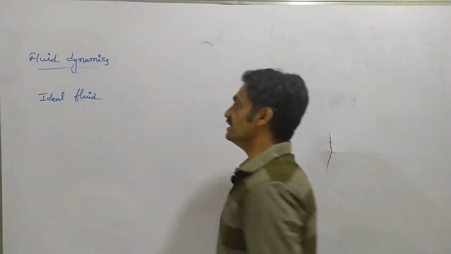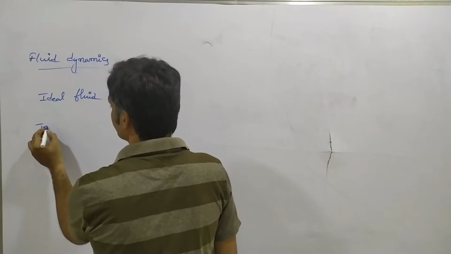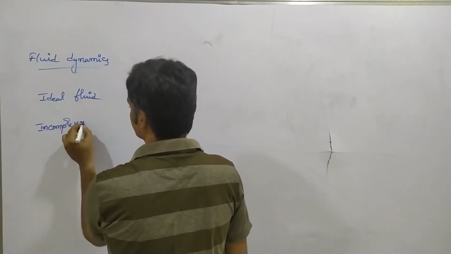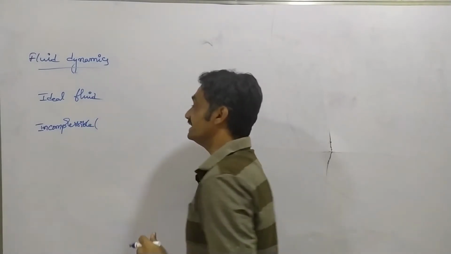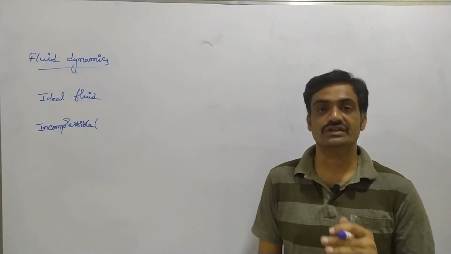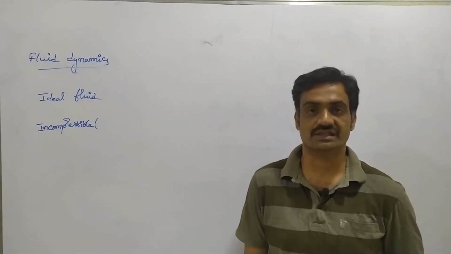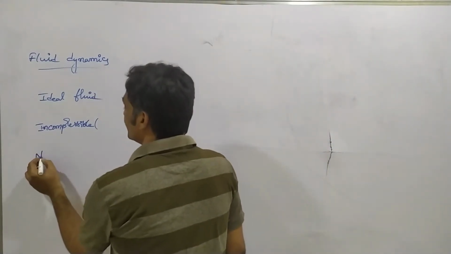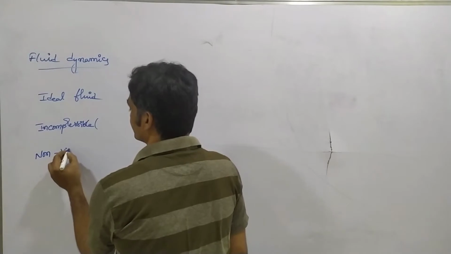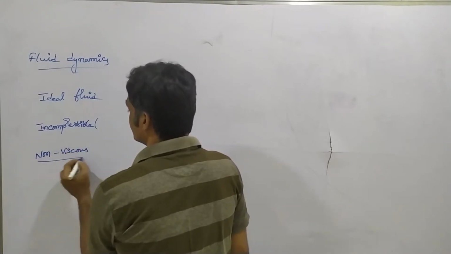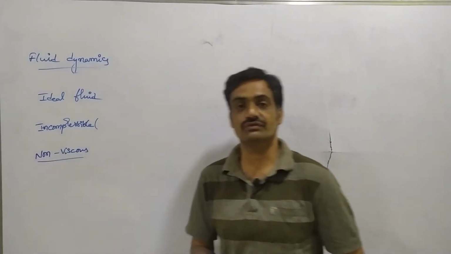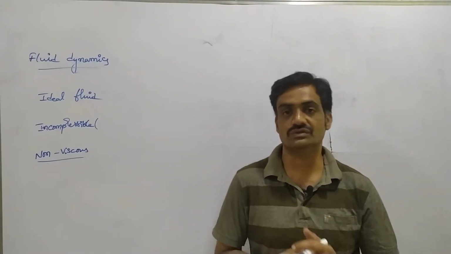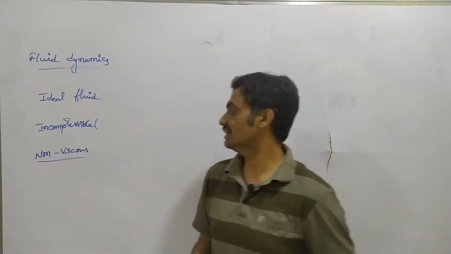Ideal fluid means it should be incompressible, meaning the density of the fluid should remain constant. It should be incompressible and it should be non-viscous. The frictional forces acting between the layers of the fluid should be equal to 0. No frictional force should act between the layers of the fluid.